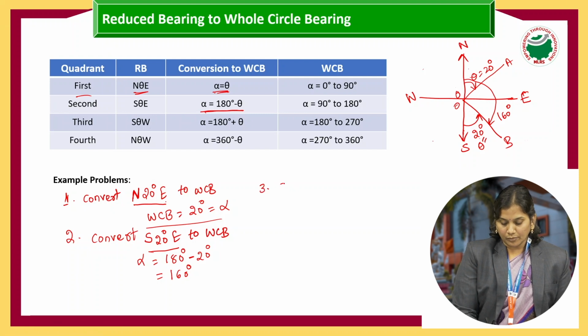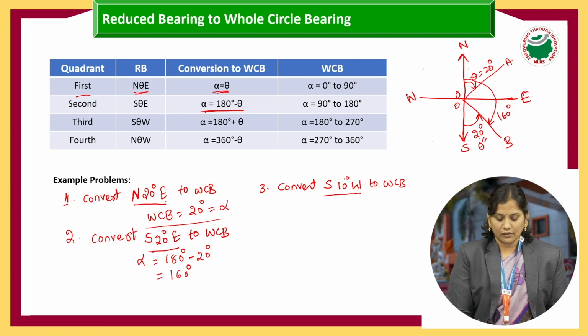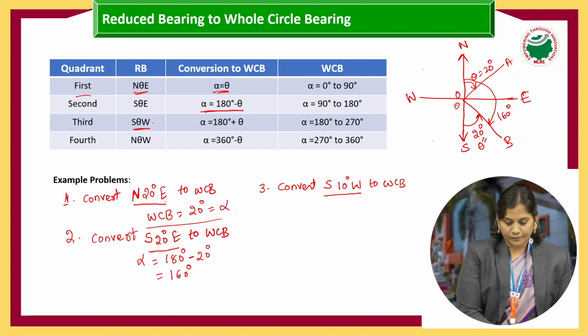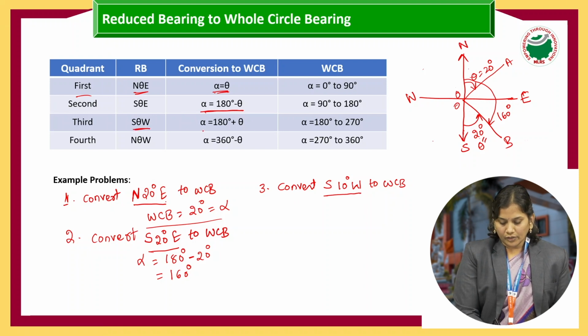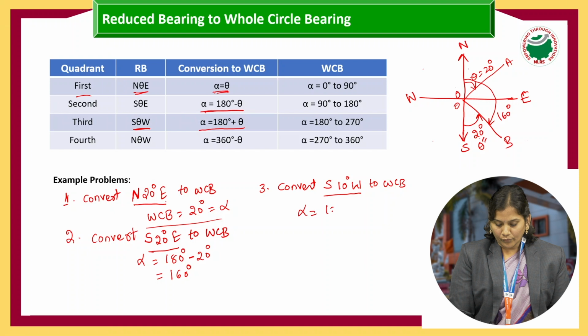We'll see another problem. Convert south 10 degrees west to whole circle bearing. South 10 degrees west is in the third quadrant. How do you calculate the whole circle bearing? Alpha equals 180 degrees plus theta.